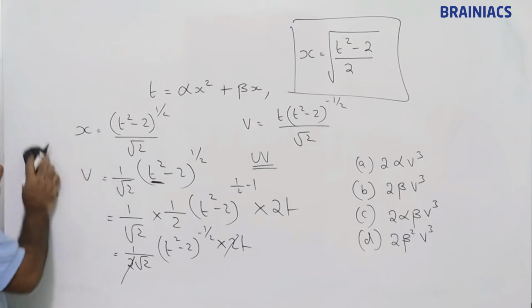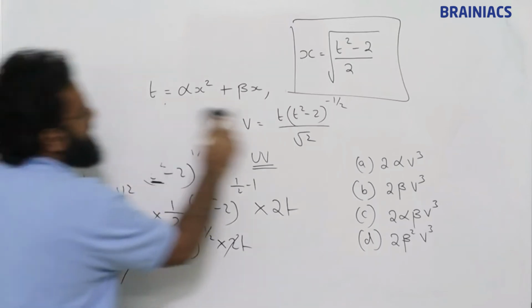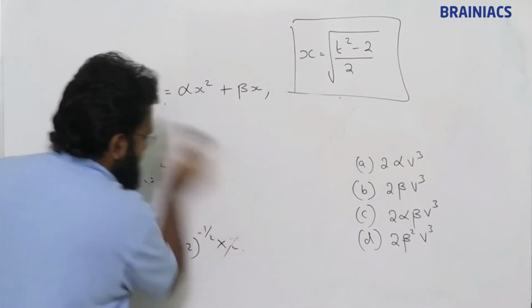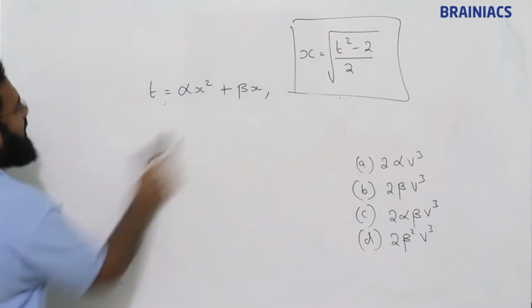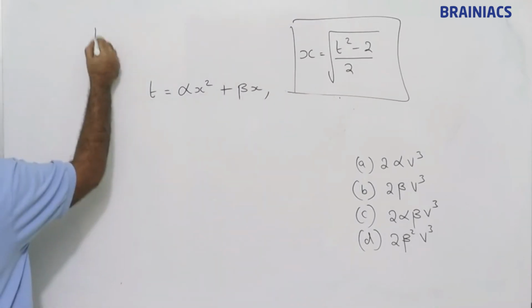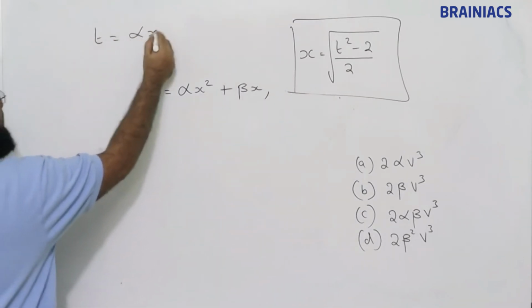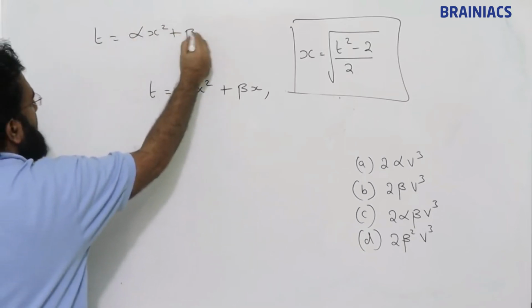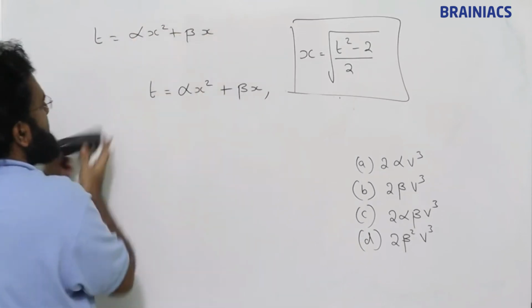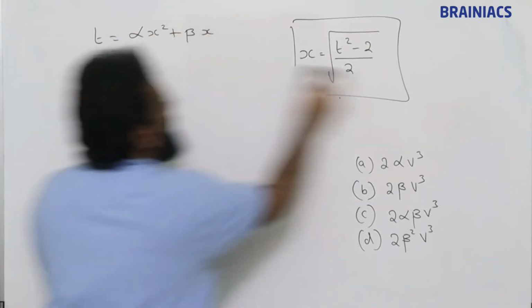Clear? So this was one question inside another question. This is a separate question, dear students. Now the real question is this: t is equal to alpha x square plus beta x. How to do this?